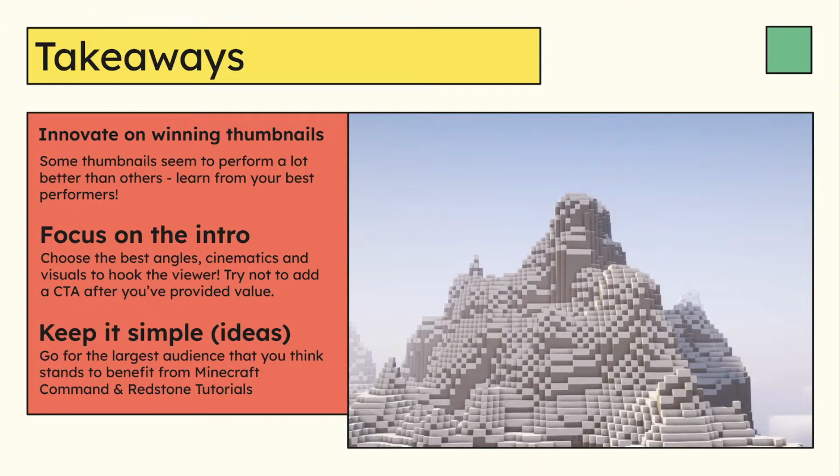Try not to add that call to action until after you've provided that value. And you can provide the value very quickly up front in the hook, as you should, and focus on that introduction, and then add that call to action. And I think that you'll see a huge turnaround in terms of views and subscribers.